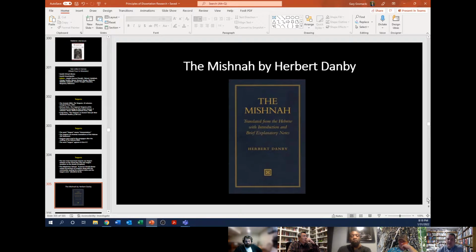Now, talking about rabbinic literature, talking about the Jewishness of the Bible, the Mishnah, here's the translation from the Hebrew, Herbert Danby, the Mishnah.